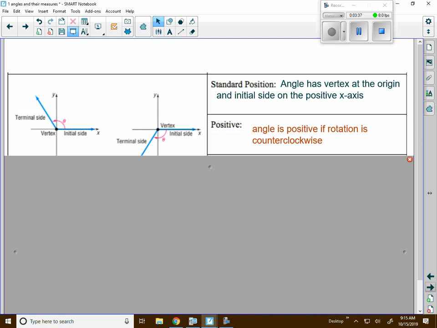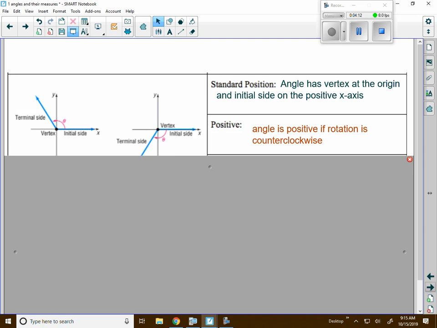If an angle is positive, it starts here at the standard position and it goes up. So when we draw it, it's counterclockwise.